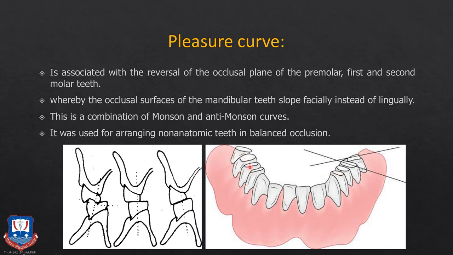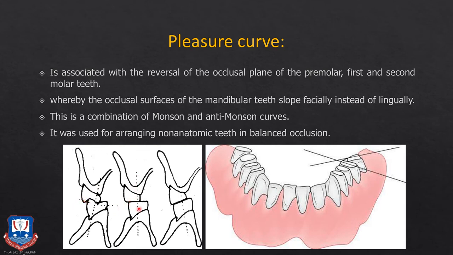There are no cuspal inclines, and in old dentures, in patients who have been wearing dentures for 10 years, 15 years, there is attrition or wearing out of the occlusal surfaces, and we get to see what is termed the Pleasure curve. So in this type of curvature, the maxillary premolars are tipped buccally, that is the first premolars and the second premolars.